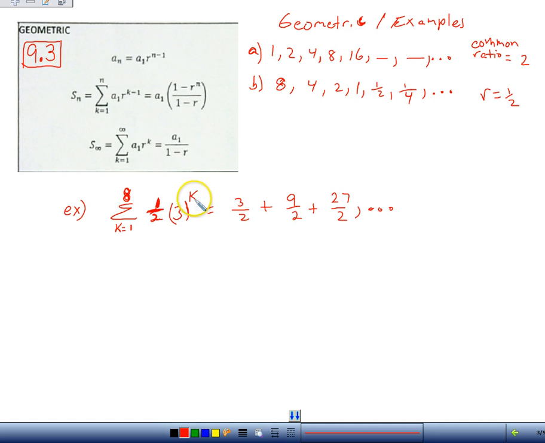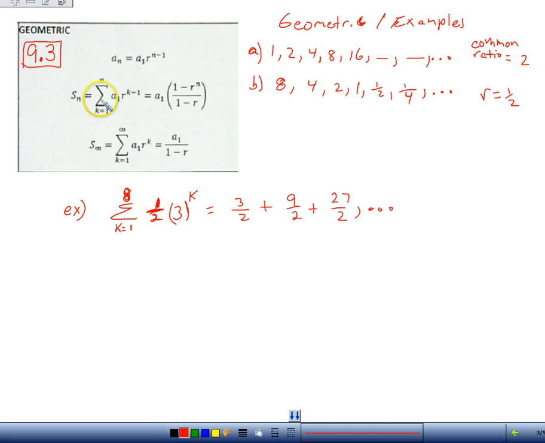We get 3 to the 1 is 3, times 1/2 is 3/2, and then we plug in 2. 3 squared is 9. 9 times 1/2 is 9/2, and we go all the way to 8, and then I can collect all of them and add it up, and that's going to be my answer. Another way to find the sum is to use the formula. Now it's finite, so I will be using this middle formula, the finite one.